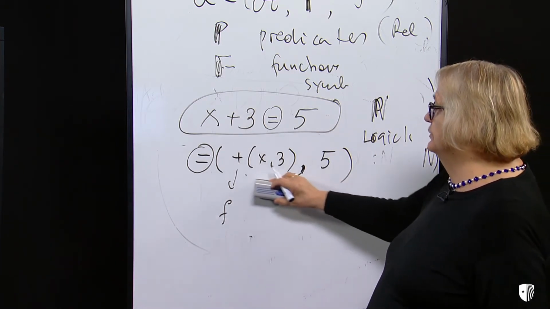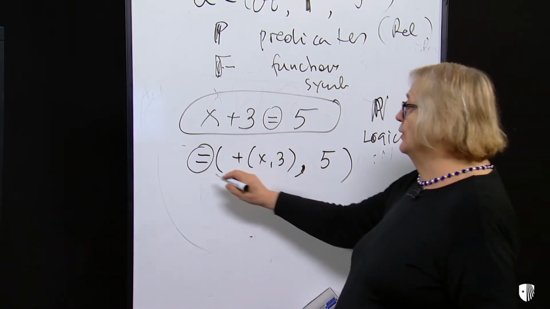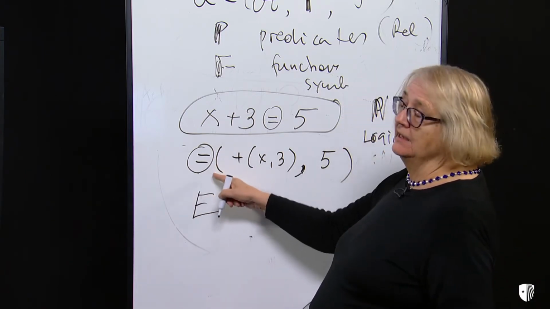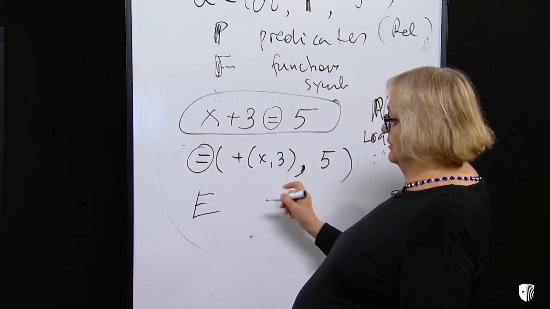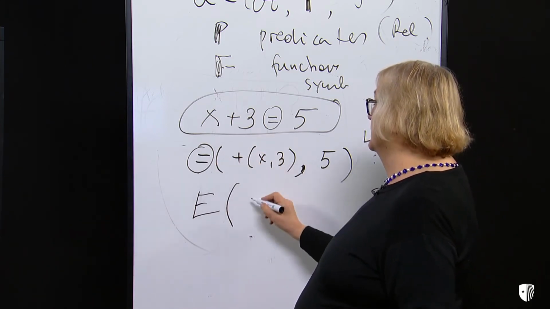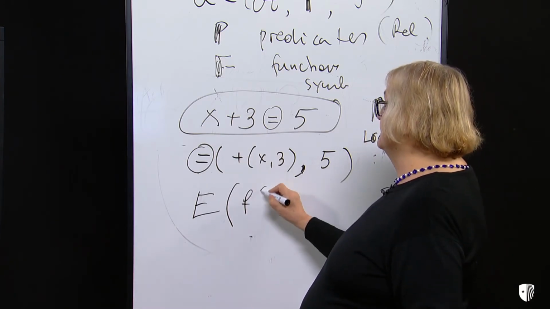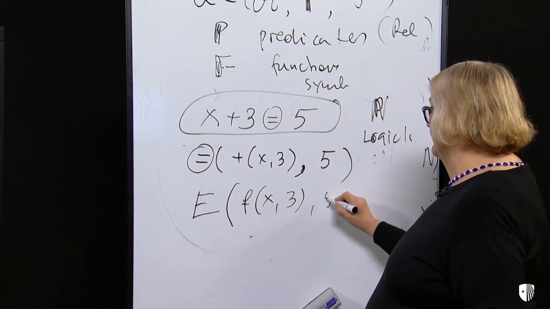If you want to translate that into logic, you have a symbol for relation. So let's say I use the symbol E for the two-argument relation, equality, and now I use a function f for plus, and I have x, 3, 5.